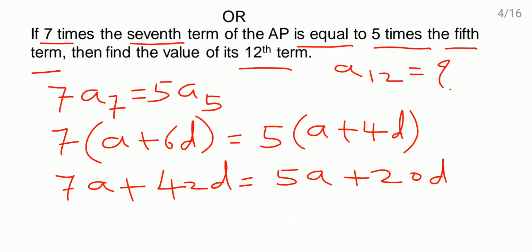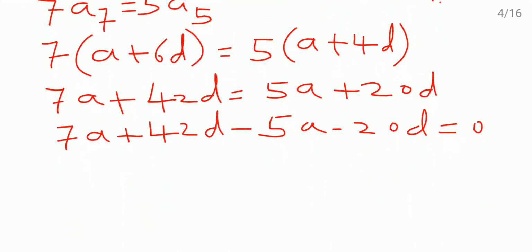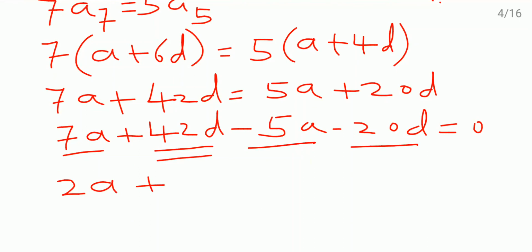We'll bring everything this side. 7A plus 42D minus 5A minus 20D, which is equal to 0. Now 7A and minus 5A becomes 2A, and 42D minus 20D becomes 22D.